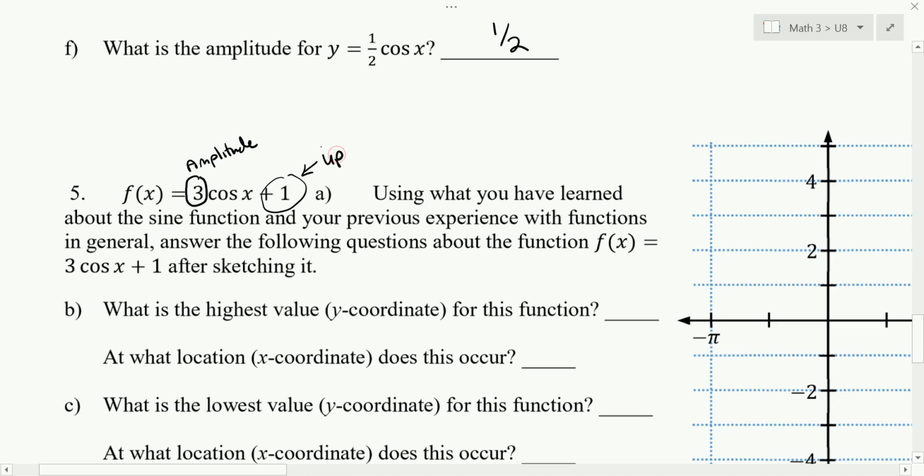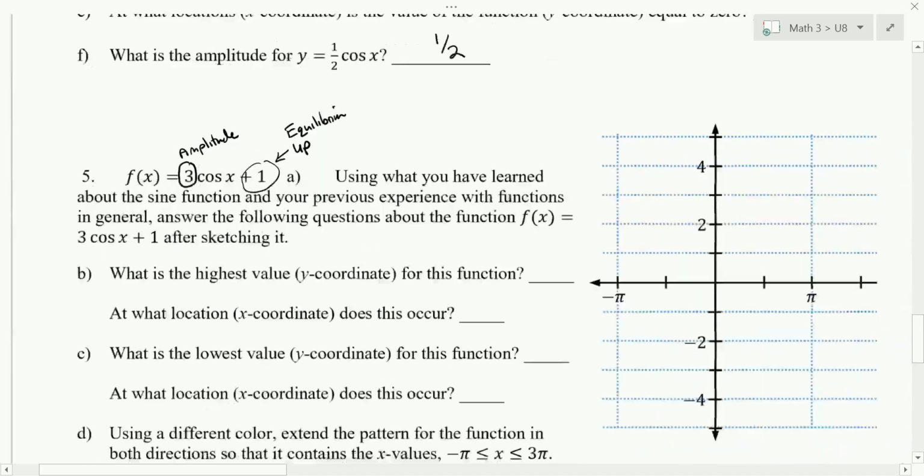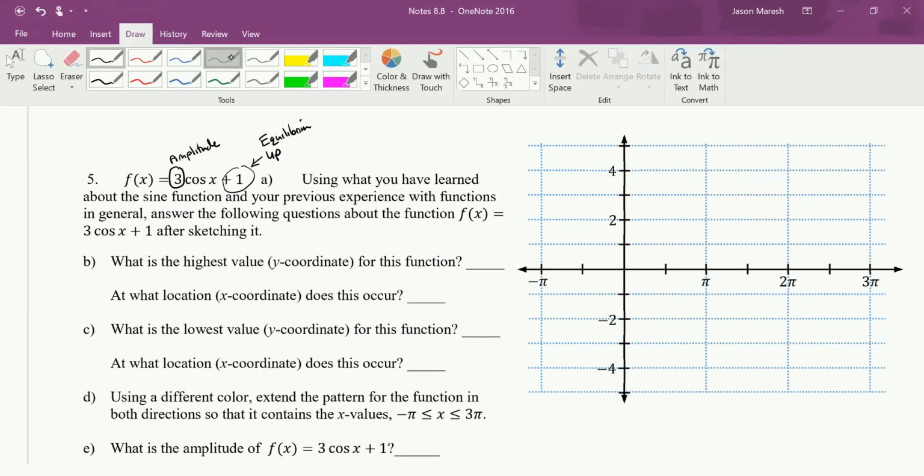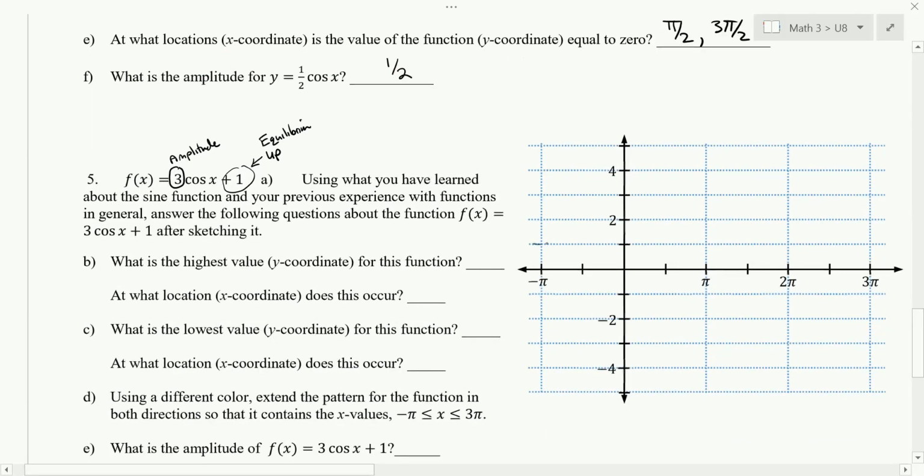Up 1. So this is going to become our new equilibrium. So the center of our graph now is at 1. So put the 5 key points on the graph.